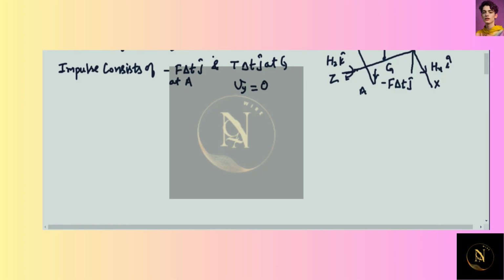So by impulse momentum equation we can write T delta T J cap minus F delta T J cap is equal to mvx I cap.